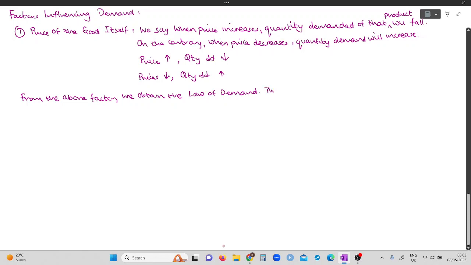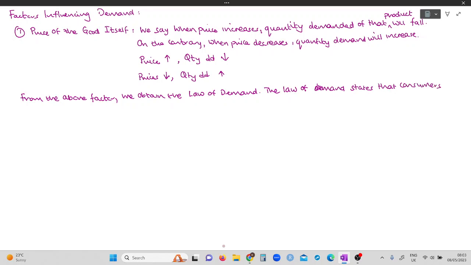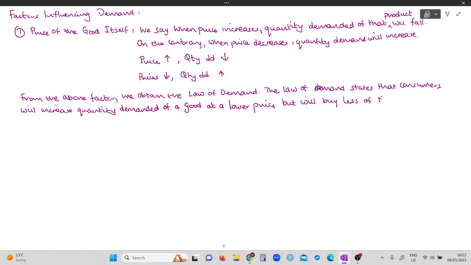So the law of demand states that consumers or buyers will increase the quantity demanded of a good at a lower price, c'est-à-dire when price decreases, they will demand more, but will buy less of that good when prices increase.